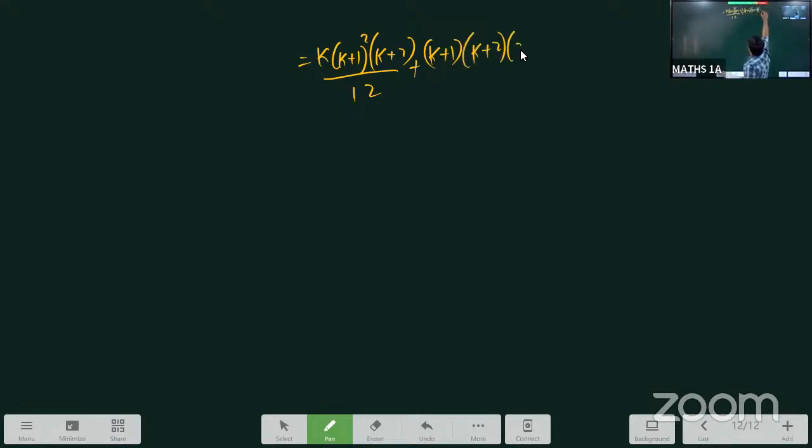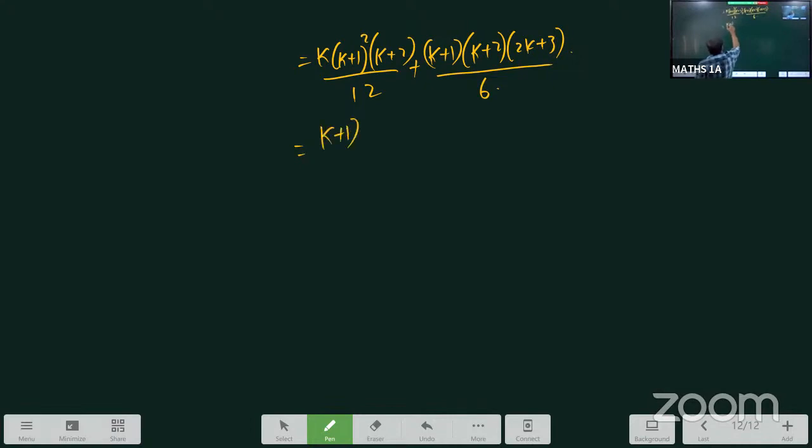Now, once again I write the same thing, that is equal to RHS part, right? K into K plus 1 whole square, K plus 2 by 12. Correct, no? K into K plus 1 whole square into K plus 2 by 12 plus K plus 1 into K plus 2 into 2K plus 3 by 6. Now, whatever you can take common, you take common.